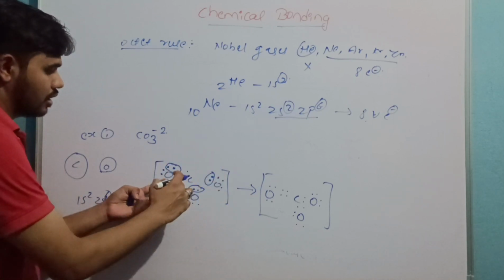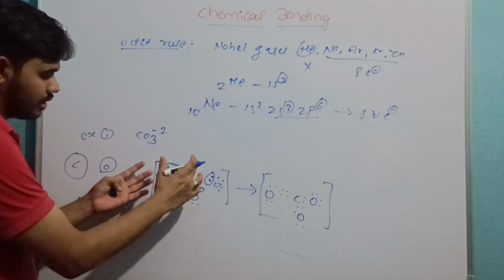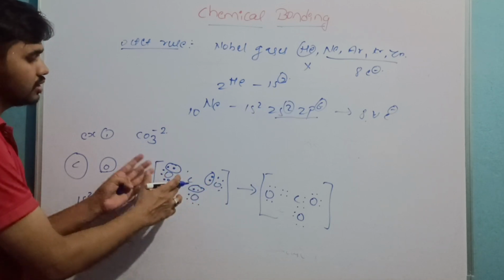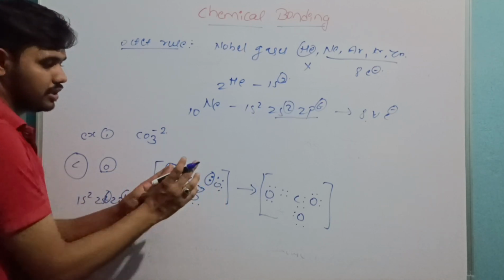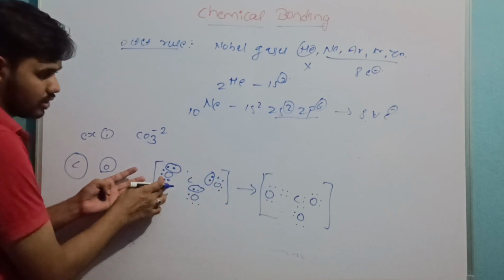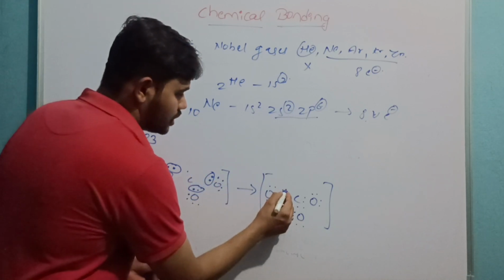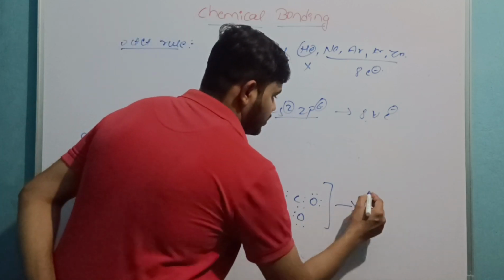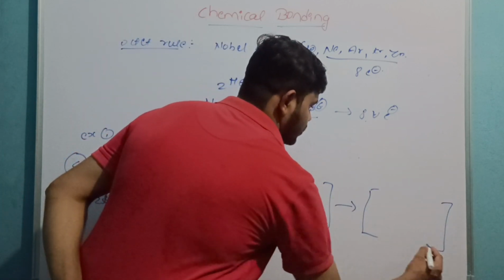Here each of the 3 oxygens has 6 electrons, and carbon has 6 electrons. To satisfy the octet rule, carbon requires 2 electrons, which it gets from this oxygen. Totally it has 2 plus 2, 4, 6, 8 electrons. Now just represent it in bond form.